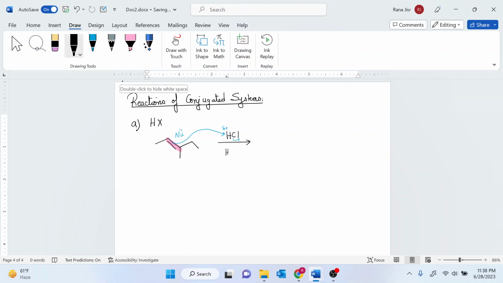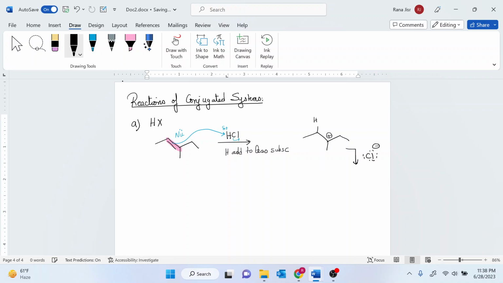So hydrogen adds, in this case, to the less substituted carbon, and your plus charge is going to be on the most substituted carbon, and then your chlorine is going to come and attack your plus charge in there, and you're going to end up having your product.